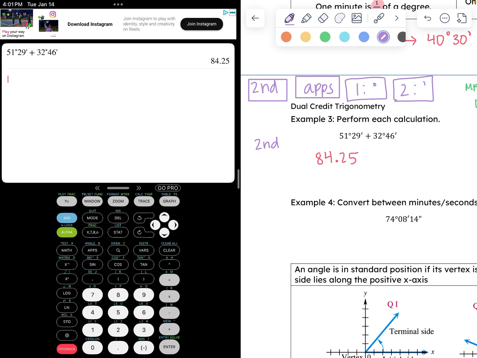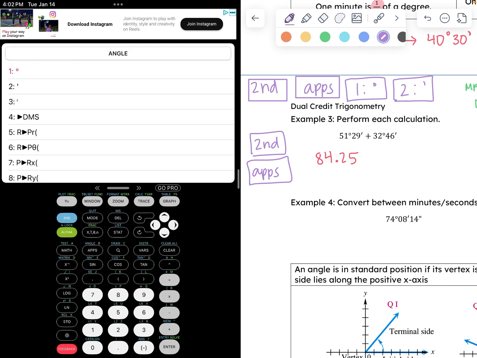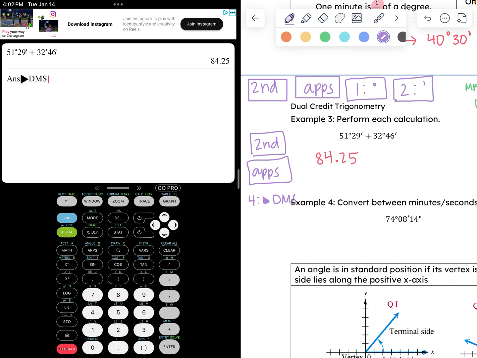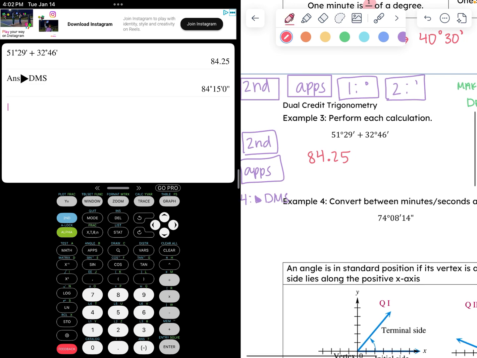So once again, you're going to hit second apps. And if you look in that same angle menu, option 4 has a little triangle and it says DMS. That's going to convert your answer to degrees, minutes, and seconds. So you hit option 4, then hit enter, and you can see it pops out my answer in degrees, minutes, and seconds.